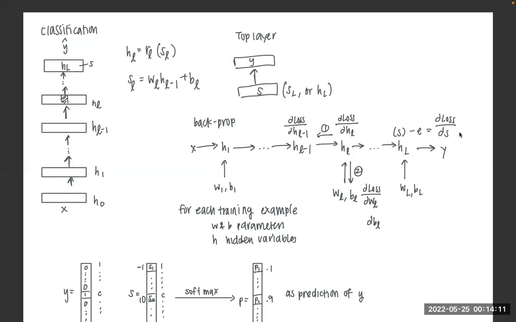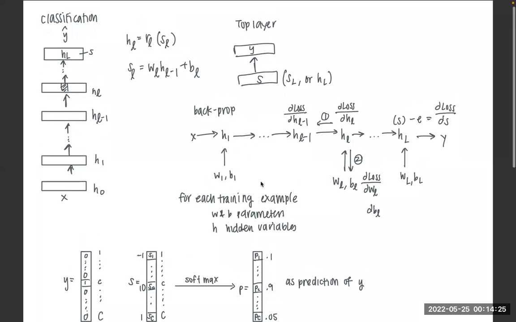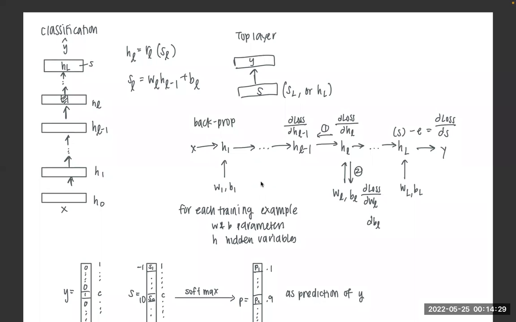Last time we showed that for linear regression and logistic regression, the derivative is always in the form of negative E. So today we shall start with an in-depth treatment of multi-class classification.